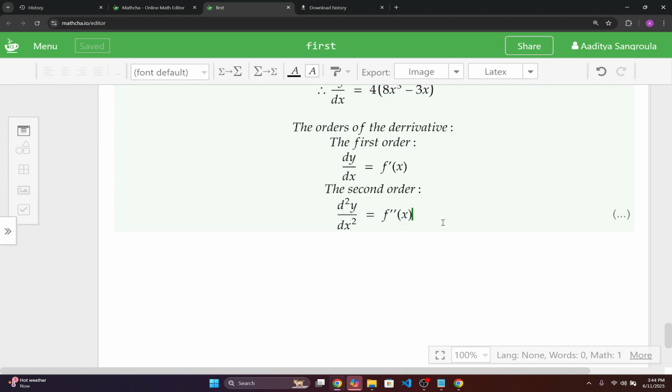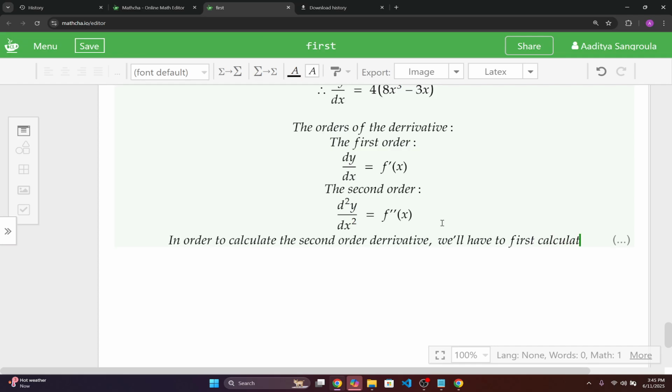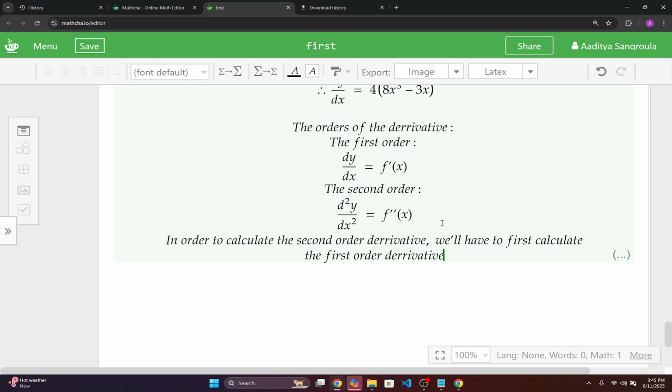Now, in order to calculate the second order derivative, we'll have to first calculate the first order derivative and differentiate the obtained value.